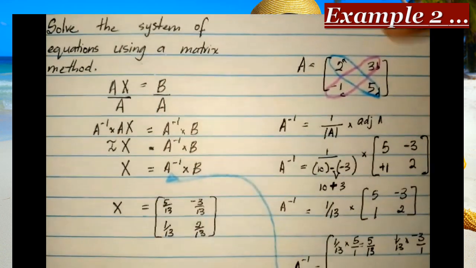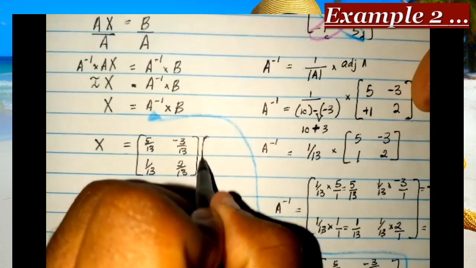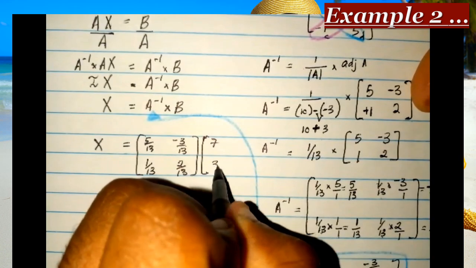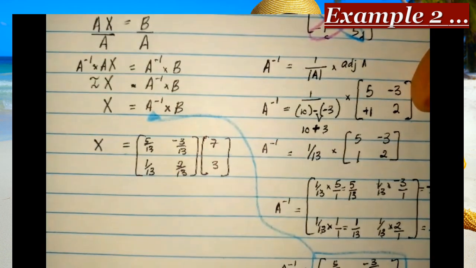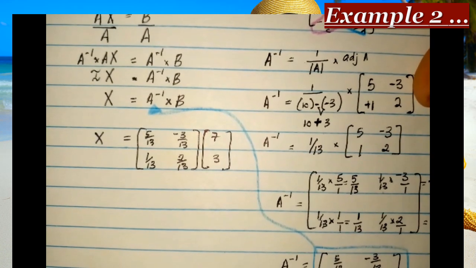And my B matrix was 7, 3. So I'm going to put 7, 3 right here. Great. So all that's left for me to do now is multiply these matrices.